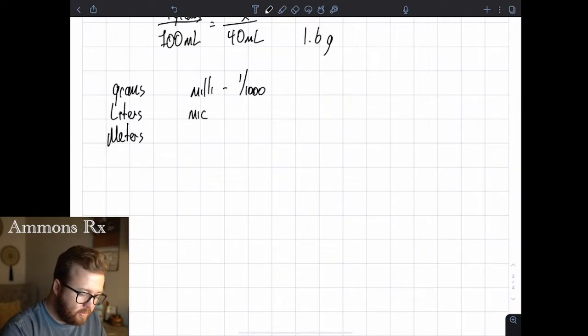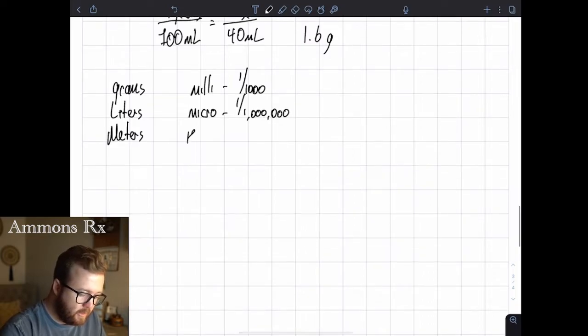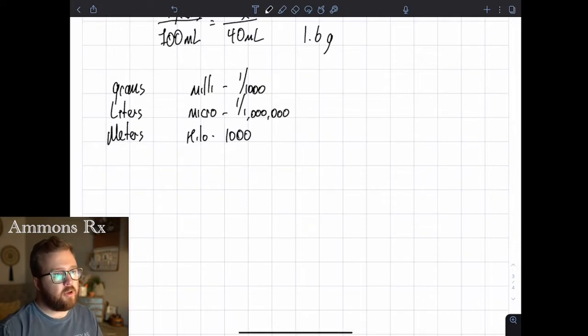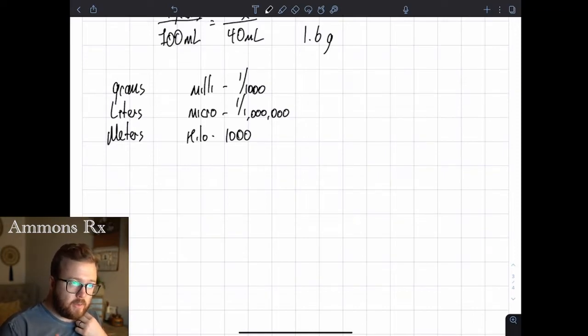You have micro, 1 over 1 million. You have kilo, which is 1,000. Okay, kilogram, that means 1,000 grams. Microgram, that means 1 over 1 million grams. So you have to remember, okay, which ones are big, which ones are small. Using that, it'll help you figure out if you need to divide or multiply.